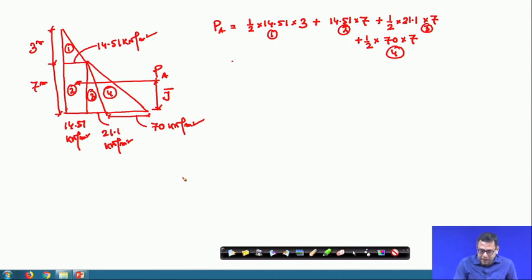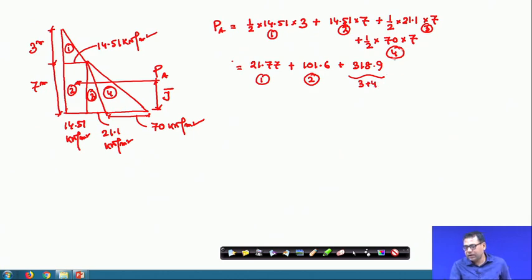Finally, if I calculate this, the first one gives 21.77, the second one gives 101.6, and the third plus fourth gives 318.9. Why have I taken third plus fourth?